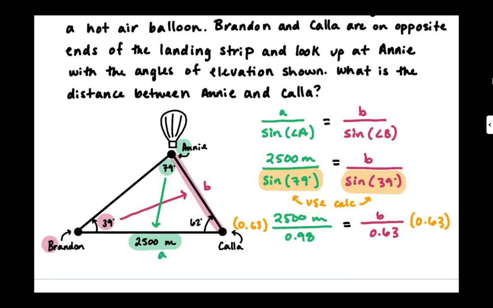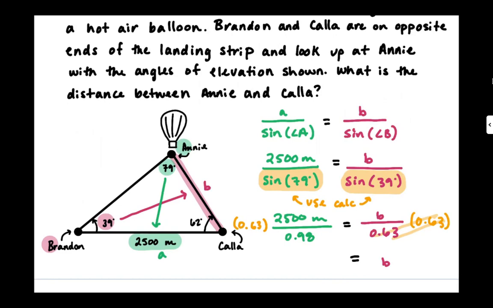Okay, so on the right side, my 0.63s cancel, and I just have little b left over, which is exactly what I wanted. And then on the left side, I just need to do all of this stuff. Maybe I start with 2,500 divided by 0.98. Hit enter, leave whatever you get. It's going to be a big long decimal. And then just hit times 0.63.